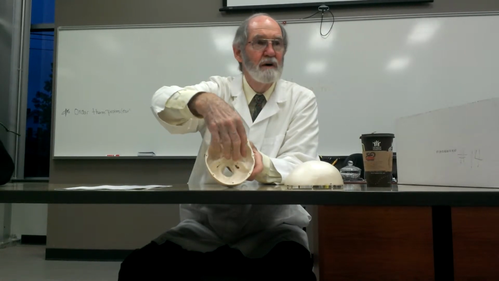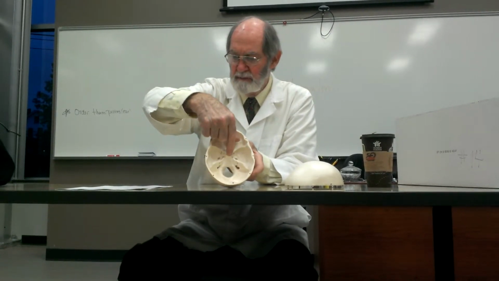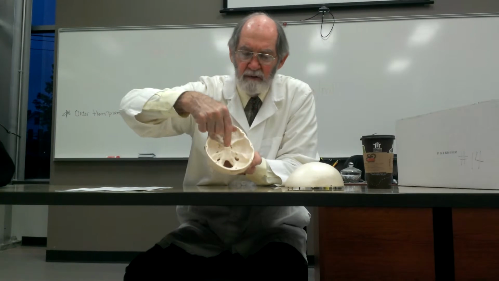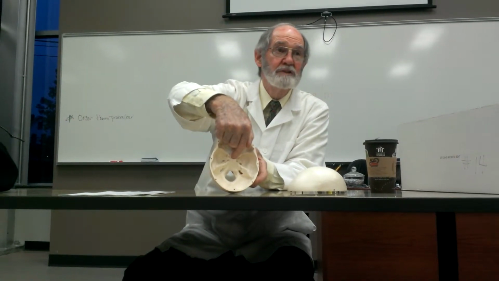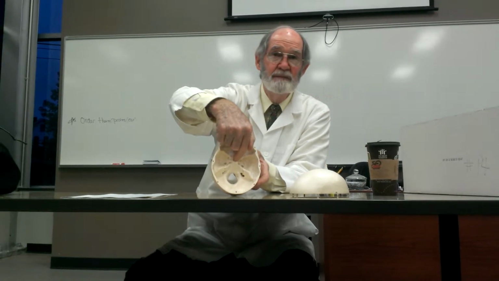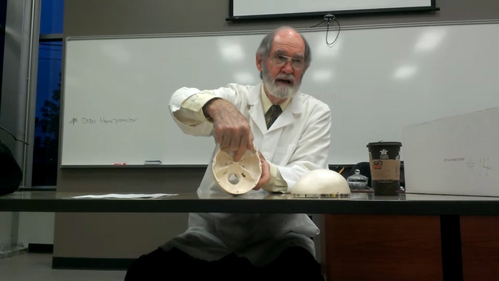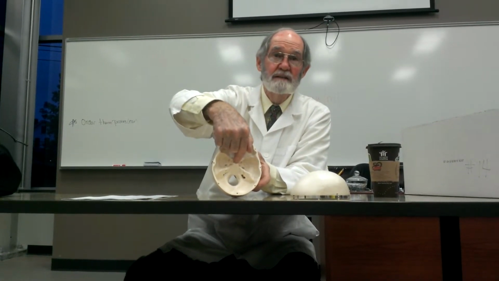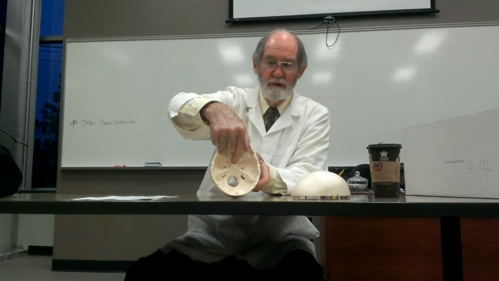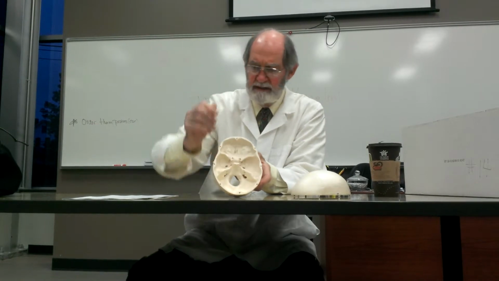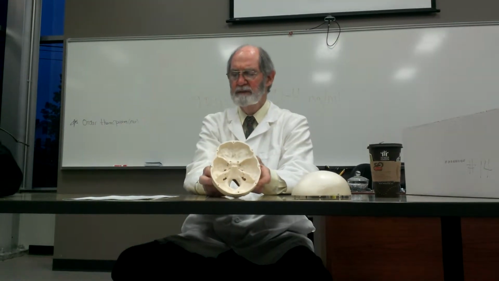Not worried about you knowing exactly where the edges are. That's unimportant. The most important thing, though, is where the end of my finger is, my fingernail. That depression is called the sella turcica, or Turk's saddle, and that's where the pituitary gland sits. Extremely important protective device for the pituitary gland, with the brain sitting on top of it and bone surrounding it.